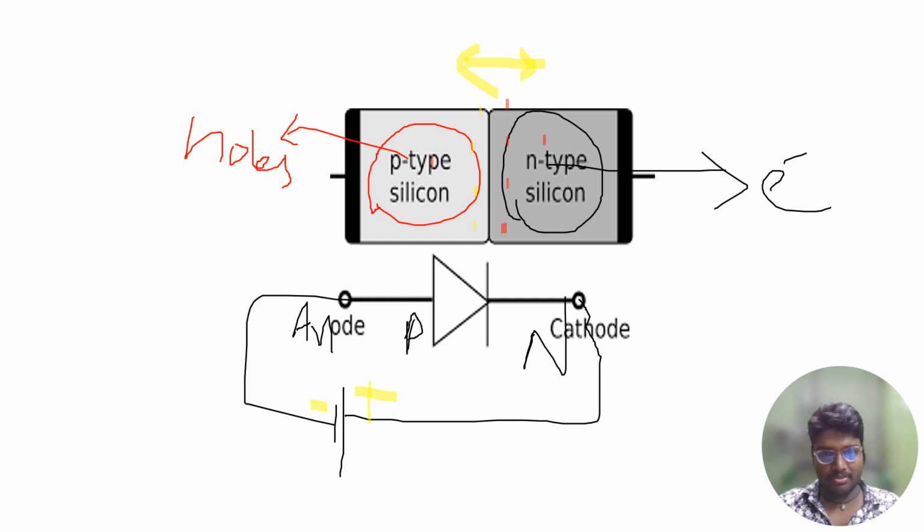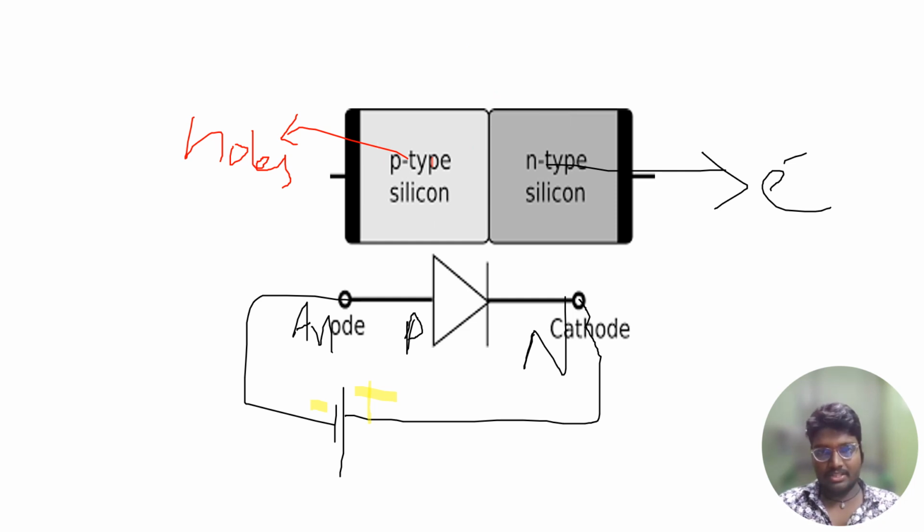This type of connection is called negative biasing, that means reverse biasing. The n-type is attracted to the p and the p-type is attracted to the n, then there is an increase in the depletion region.